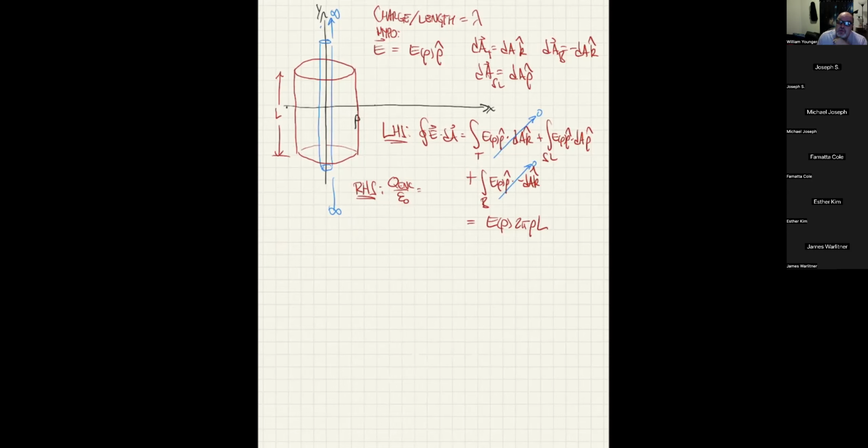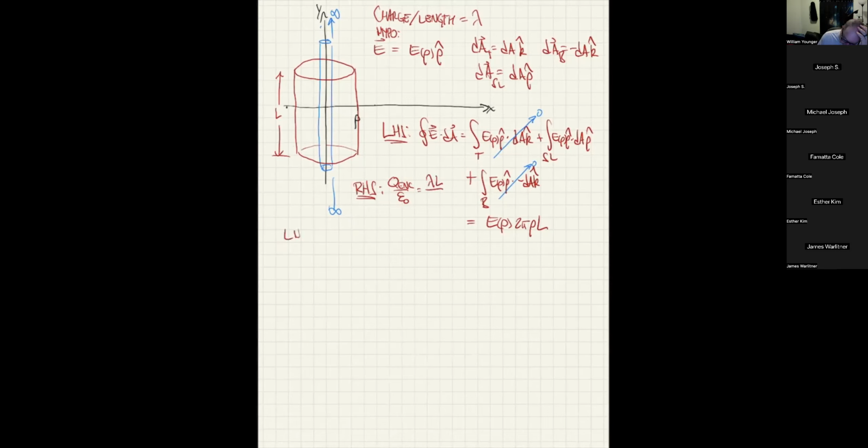The charge per unit length, which has units of coulombs per meter and is a constant, is lambda. I have a length L, so how much charge should be enclosed in that Gaussian soup can? Lambda times L. Lambda times L, very good.